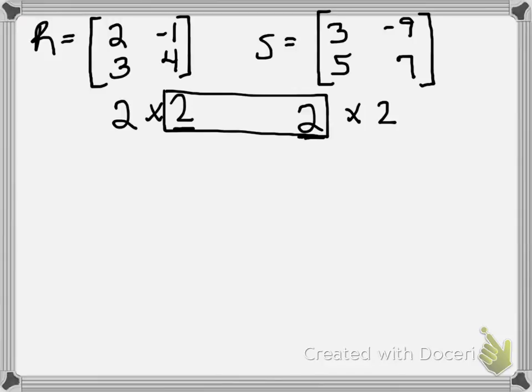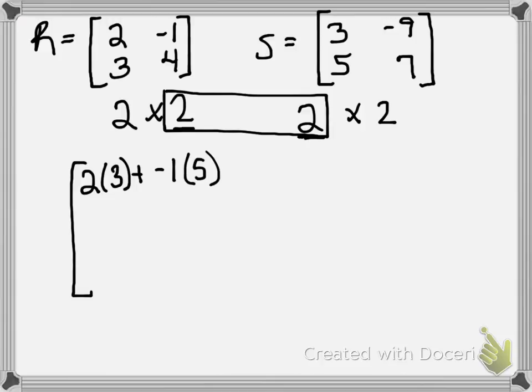When I multiply a matrix, I do the row by column. So for this first spot, I'm going to take this 2 and multiply it by the corresponding element, which is 3. Now I'm going to add that to -1 times 5.